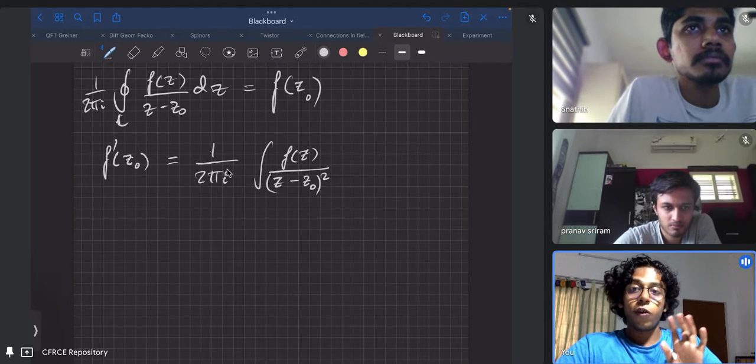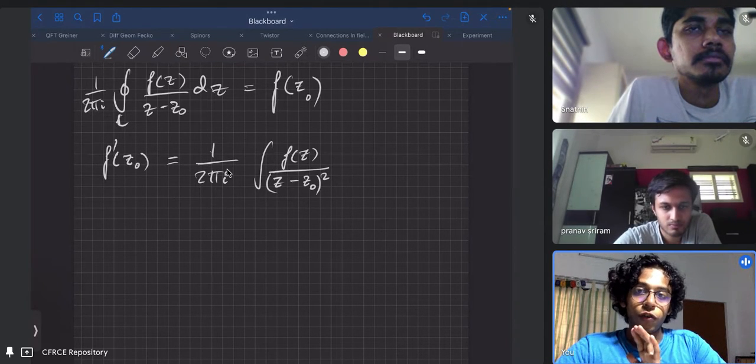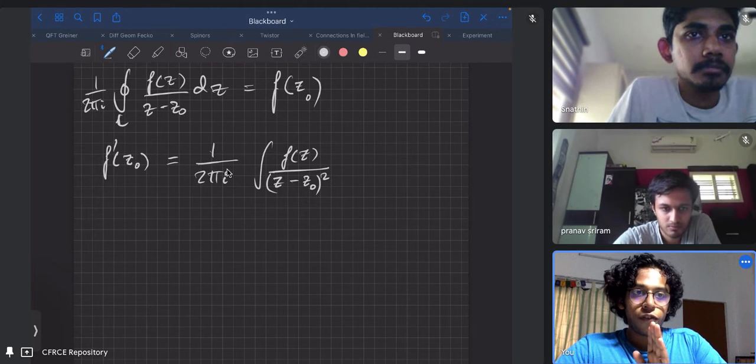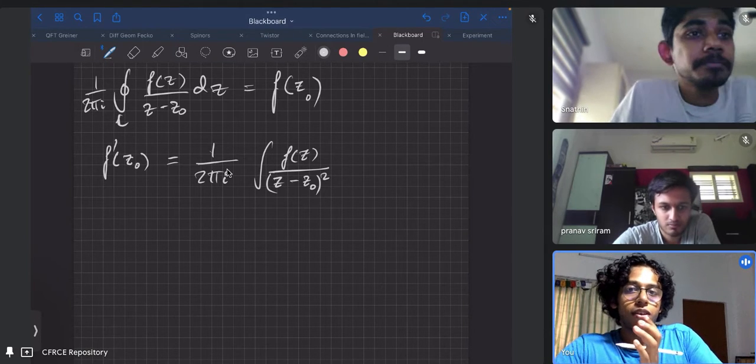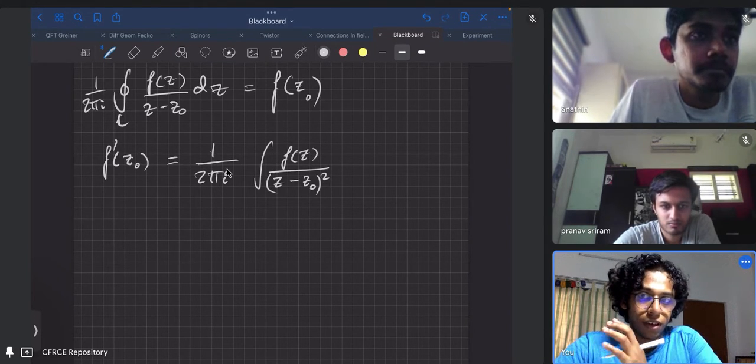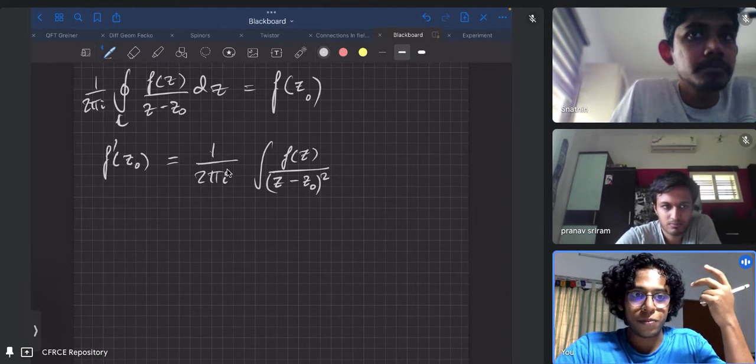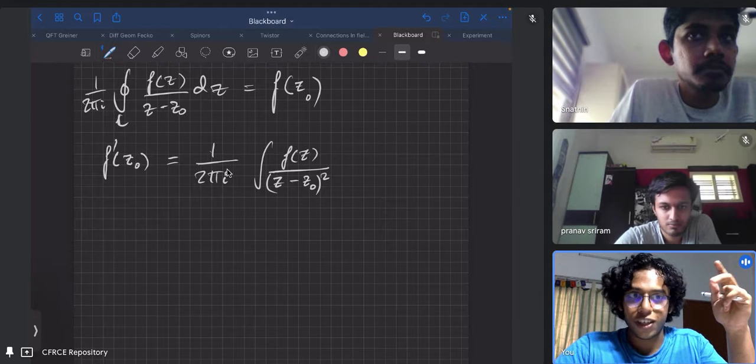Now note that the integration variable is different from the differentiated variable. How this plays out intuitively is something you need to think about.